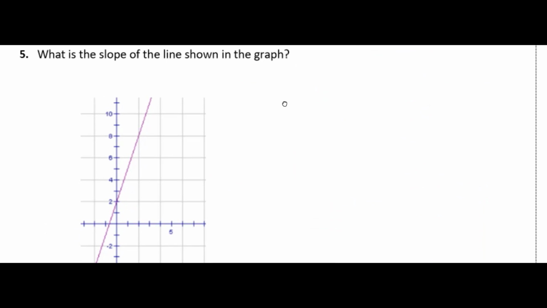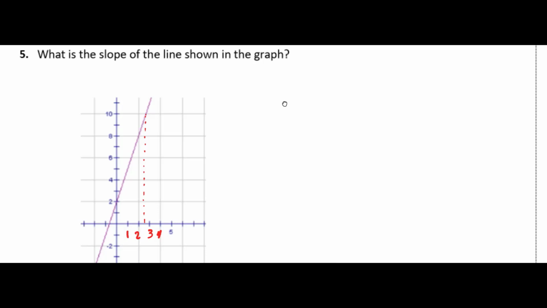What is the slope of line shown in the graph? Same way. Look, we need 2 points on the line. This point is not clear, the location of x. I don't know, this x is what? For example, this is 5, then this point will be 4, this point will be 3, 2, 1, and this 0.